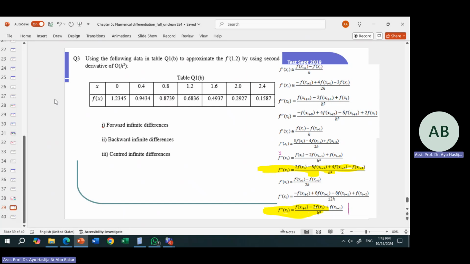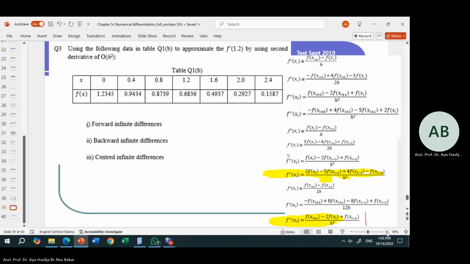Now for the next question, it asks you to use the data now. This question already provides you the table of the data, to approximate f prime of 1.2 by using second derivative of O(h^2). Second derivative.